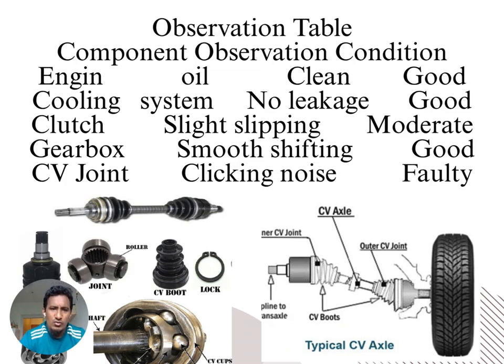Now I am going to show the observation table which we made before, in a different part of my project. First I will tell the components, second the observation result, and last the condition of the assessment.